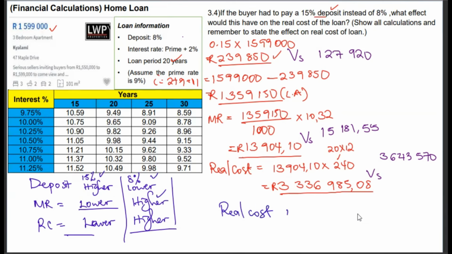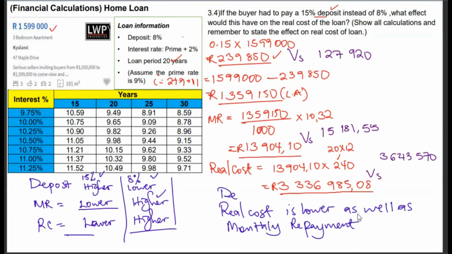The real cost is lower, as well as the monthly repayment. And the deposit is higher, definitely, you know it, because 15 is bigger than 8. So this is the effect that you see there.